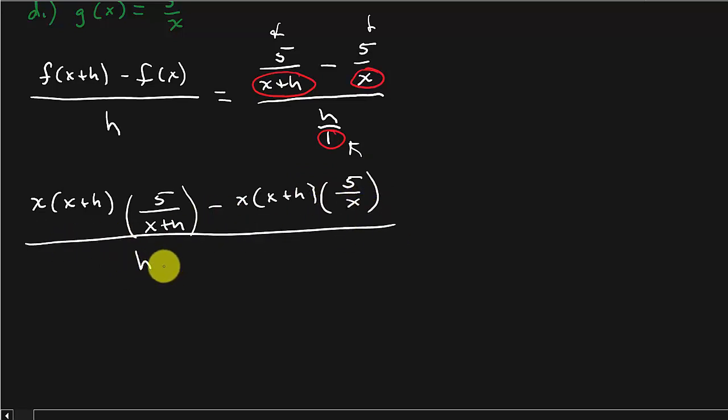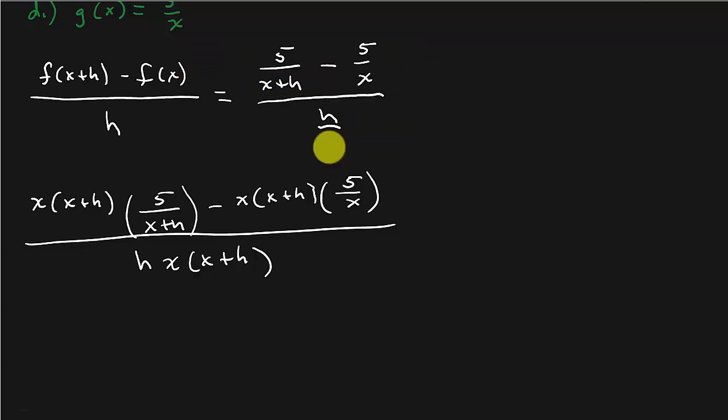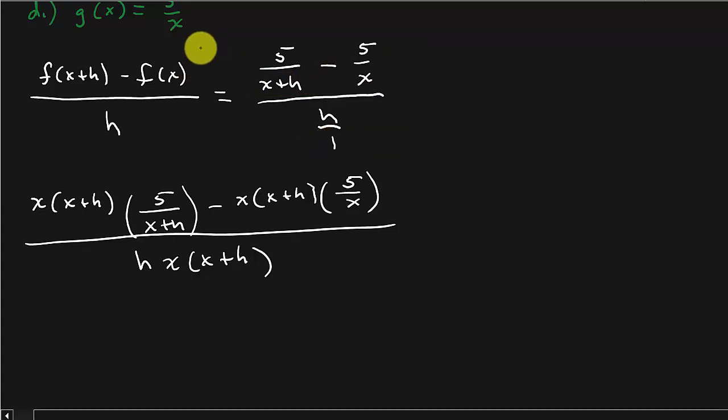So I take the common denominator, multiply it to each term. And then that's going to be h times x plus h. Okay? So all I did is I multiplied each term by the common denominator. Look, this might let you see it a little better if I do this. So basically all I did, I just wrote the common denominator next to each term.